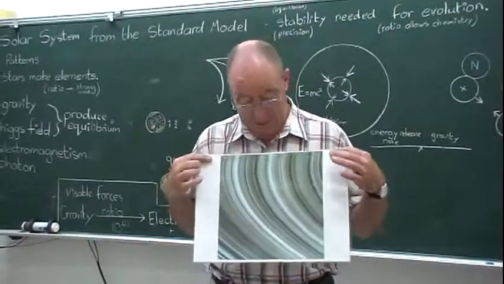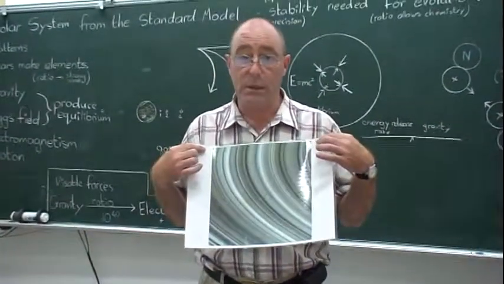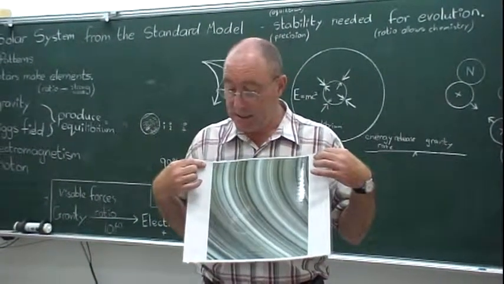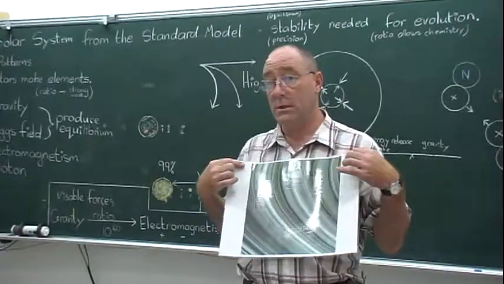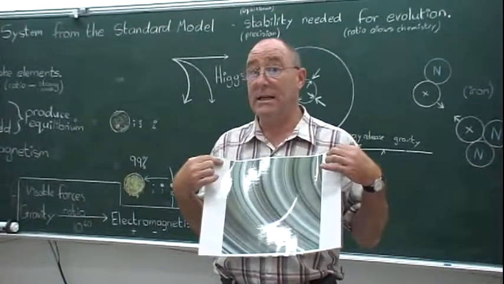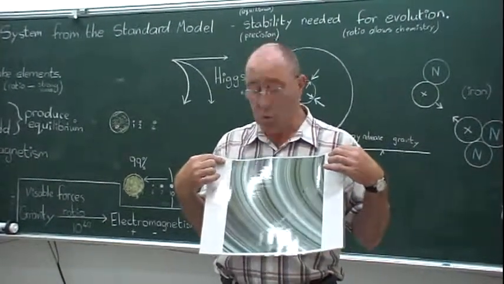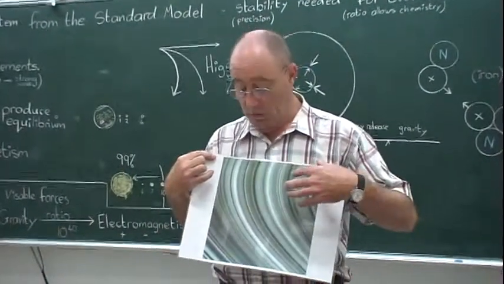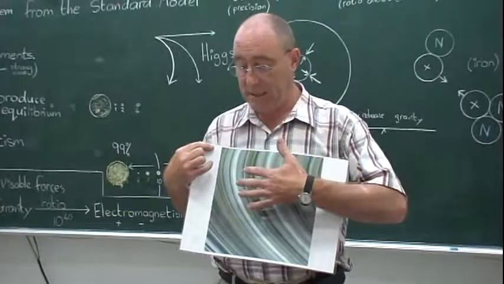If we look at Saturn's rings. And that's very, very complicated because Saturn doesn't just have 4 moons, it has 60 moons. And they're all producing a gravitational effect on all these pieces of ice here.